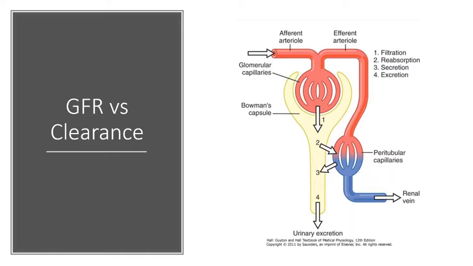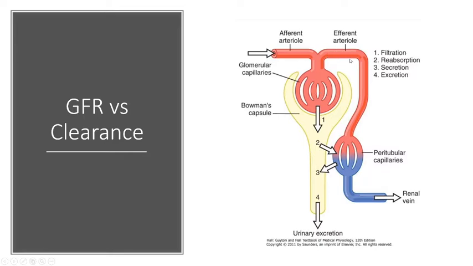Now, the GFR itself is determined by a number of things. It's quite easy to visualize on this diagram that this is essentially like a filter, and this is an inflow into this capillary bed.